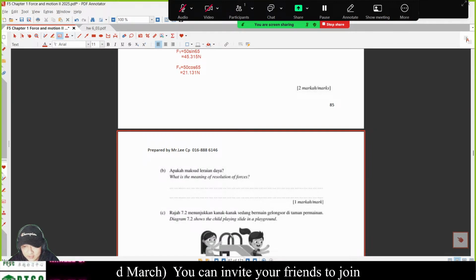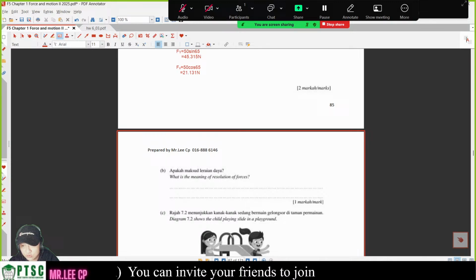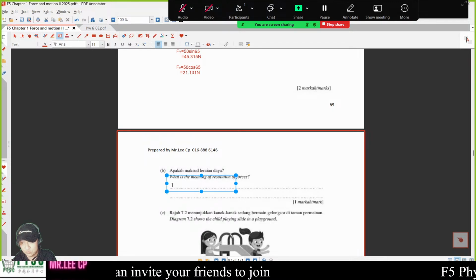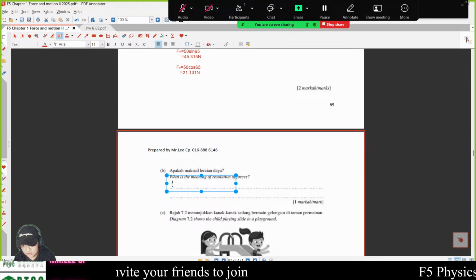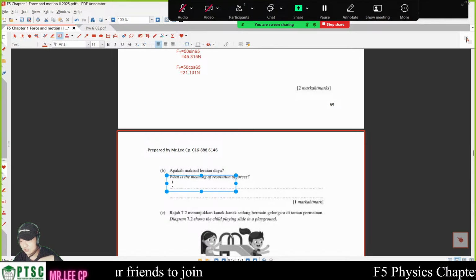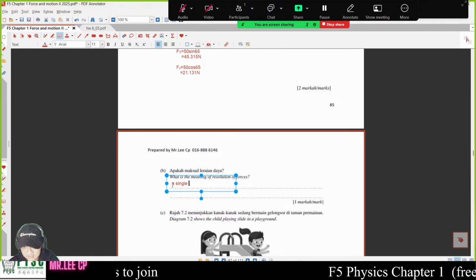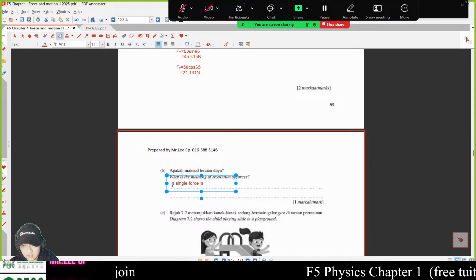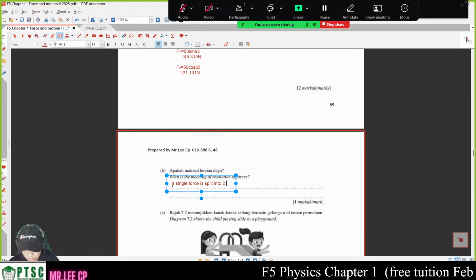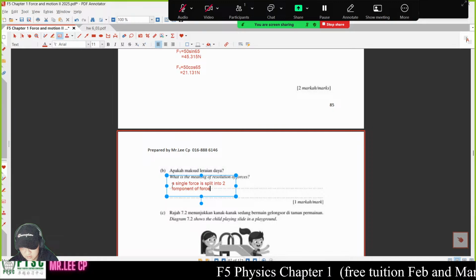So, what is the meaning of resolution of force? Resolution of force is a single force that you are going to split into two components, which is Fx and Fy.